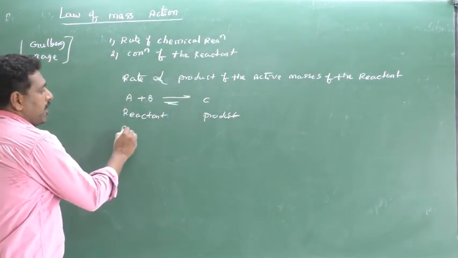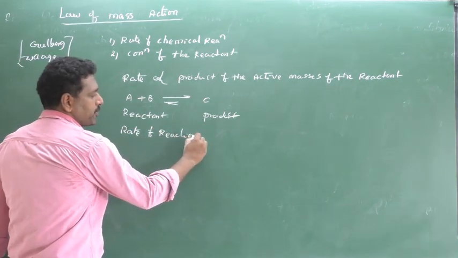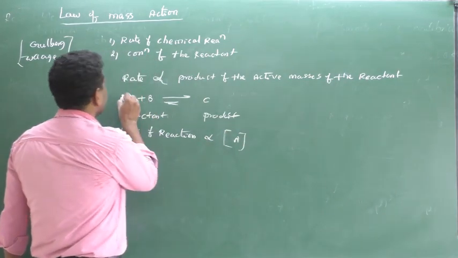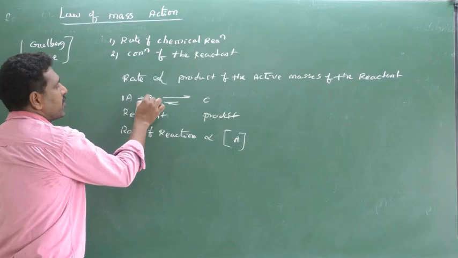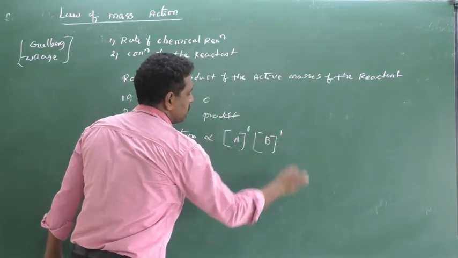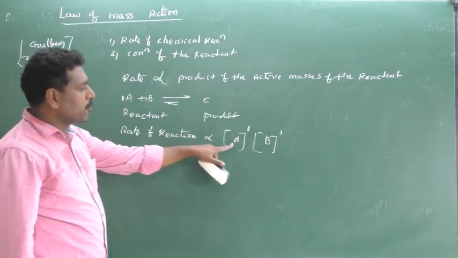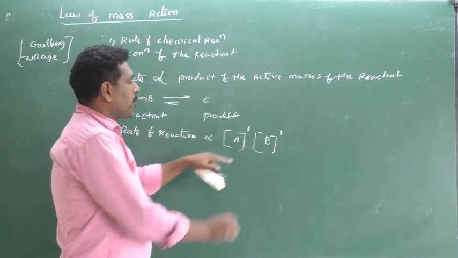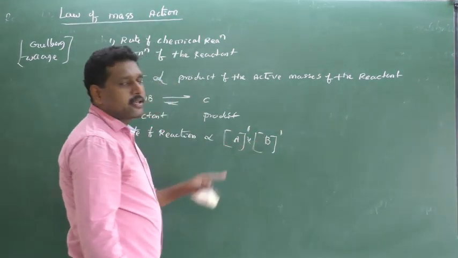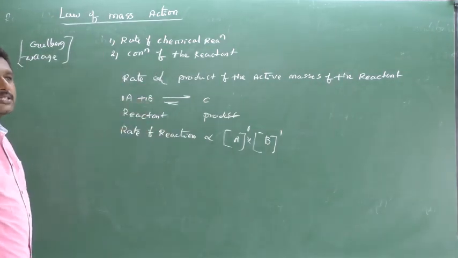So here the rate of reaction is directly proportional to A power 1 and B power 1. This is according to the law of mass action: the rate of reaction is directly proportional to the product of the active masses of the reacting substances. This law is called the law of mass action.